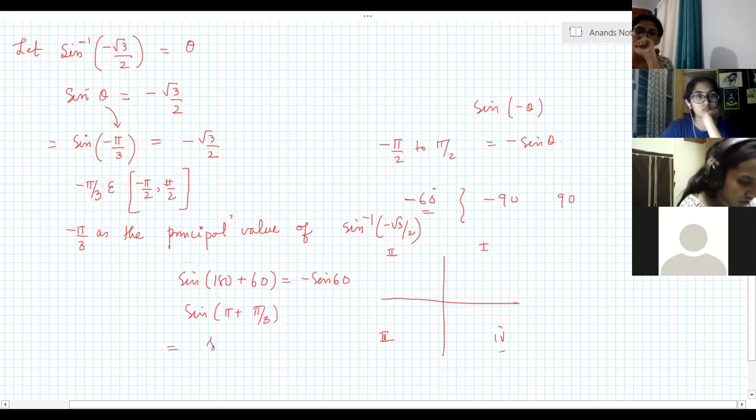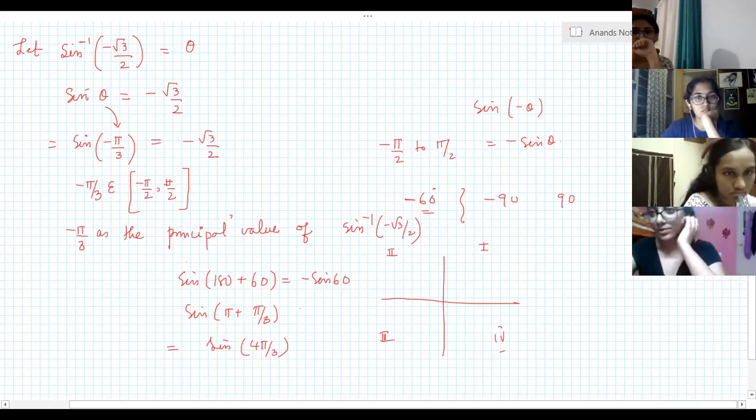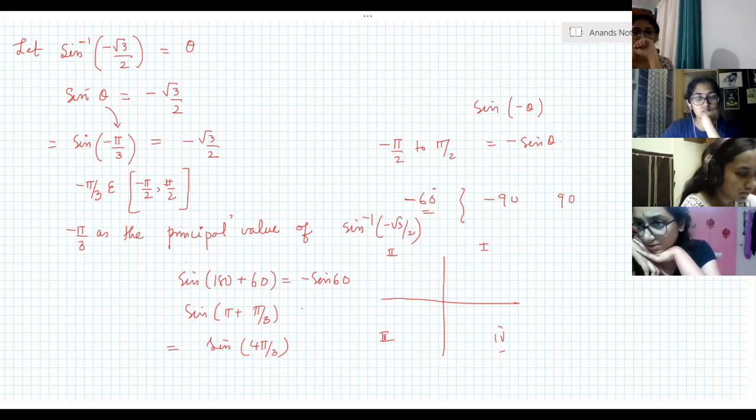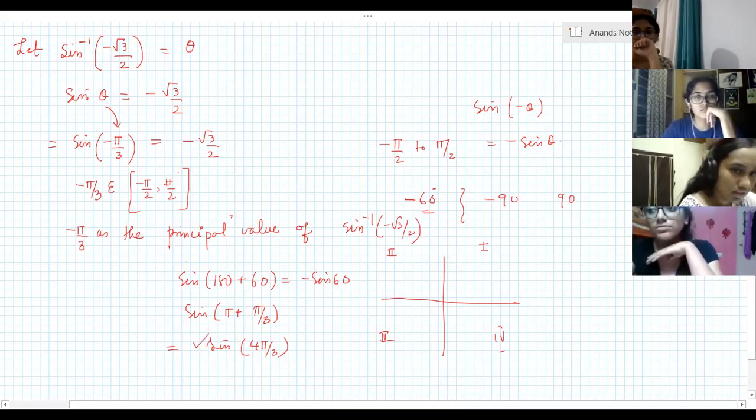That is sine of 4 pi by 3. Correct? Are we right? Sine of 180 plus theta is minus sine theta. So sine of pi plus pi by 3 is sine 4 pi by 3. This is one option for us to give minus root 3 by 2.